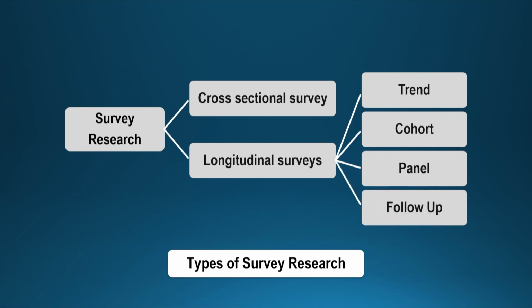Say for the students of first year, you select a sample which is representative. The same sample is studied for the next 4 years and the changes are mapped. Then follow-up surveys can also be taken up. When the students graduate from a technical institution, they are followed with respect to the kind of jobs they occupy, the positions they occupy, the salary they get, and how they progress in their career for the next 5 to 10 years.